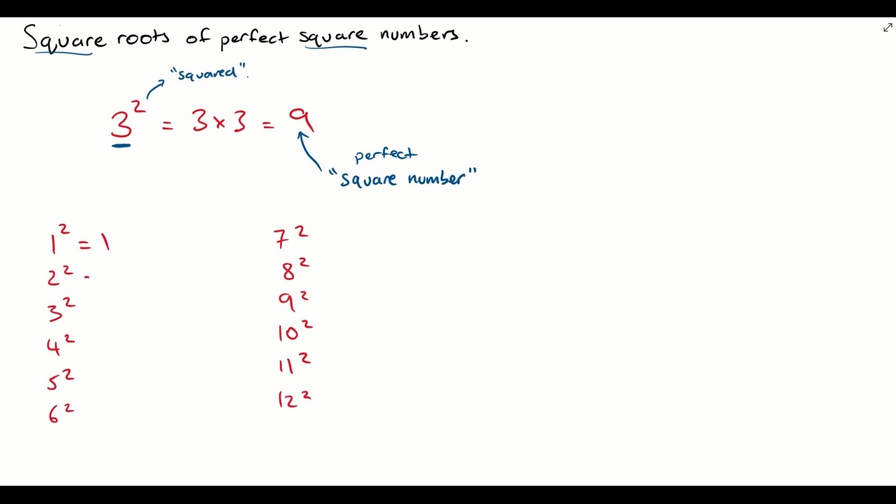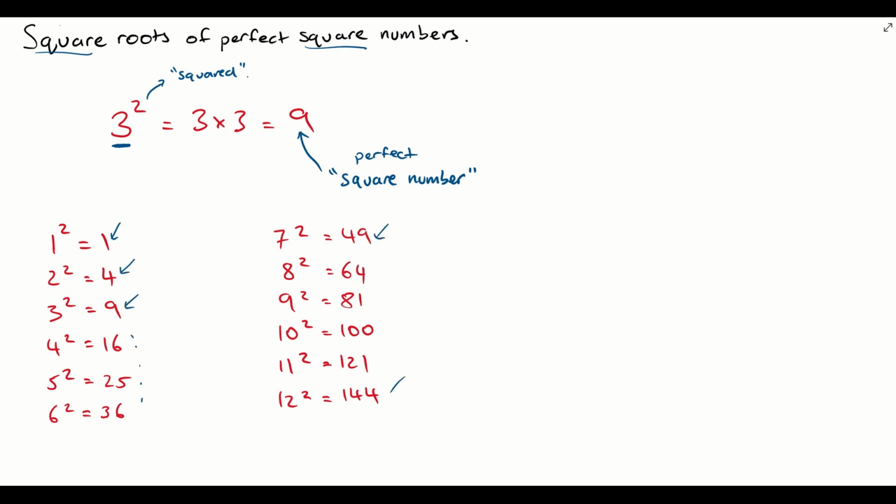Well, 1 squared is 1, 2 squared is 4, 3 squared is 9, 4 squared is 16, 5 squared is 25, 6 squared is 36, 7 squared is 49, 8 squared is 64, 9 squared is 81, 10 squared is 100, 11 squared is 121, and 12 squared is 144. So all of these numbers on the right-hand side, from 1, 4, 9, all the way down to 144, are what we call perfect square numbers.